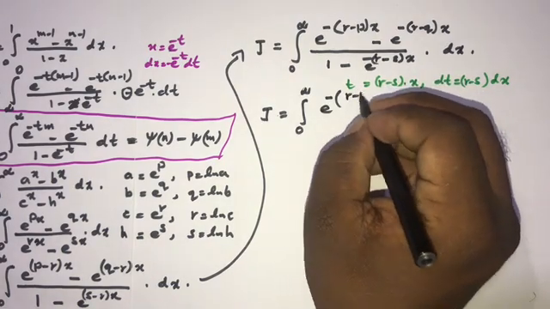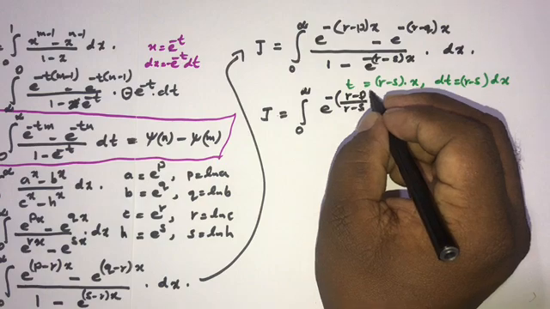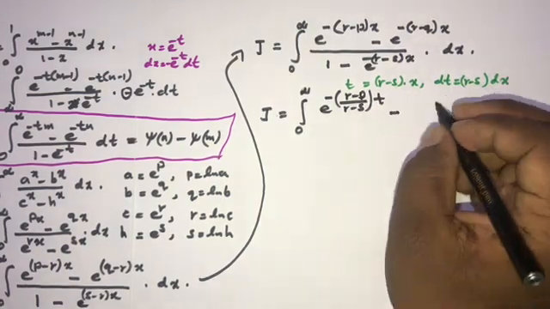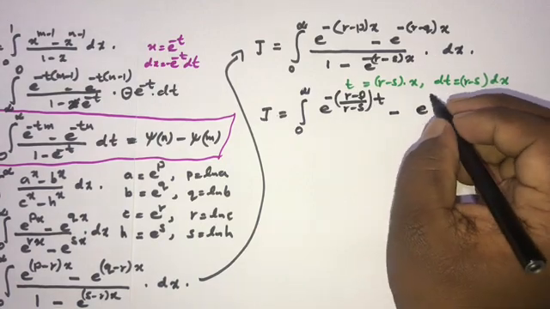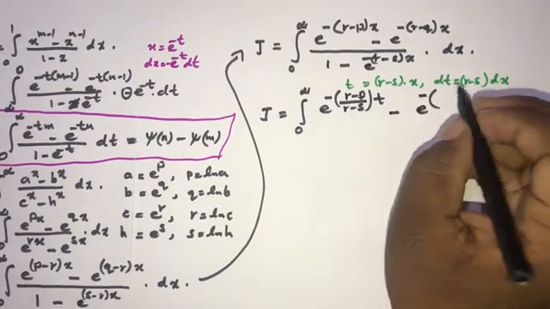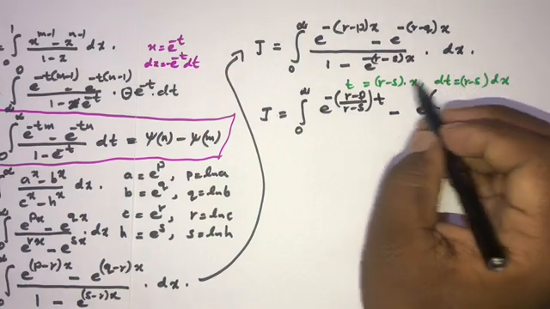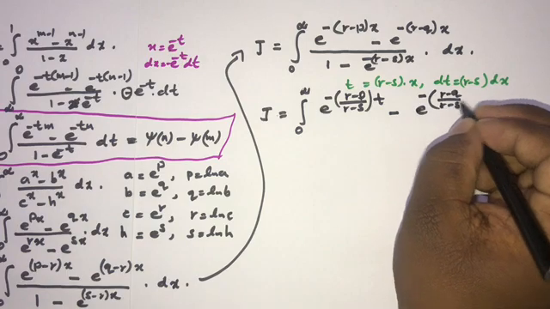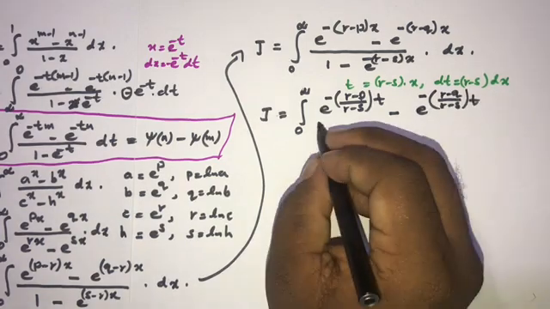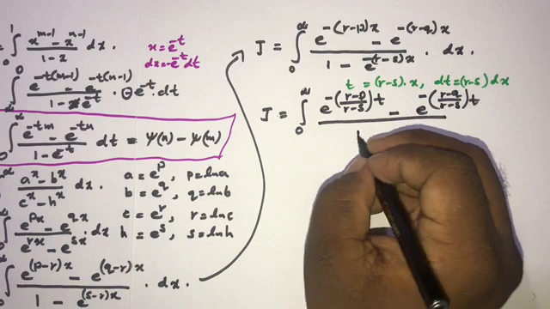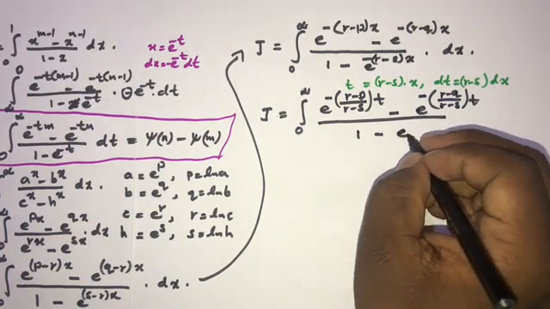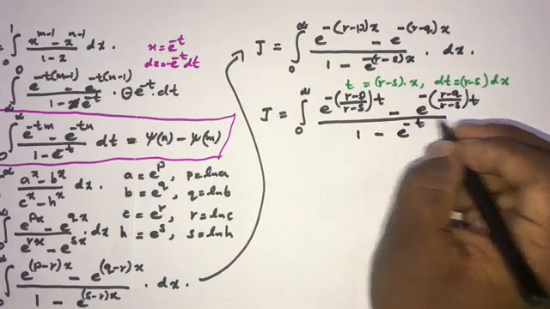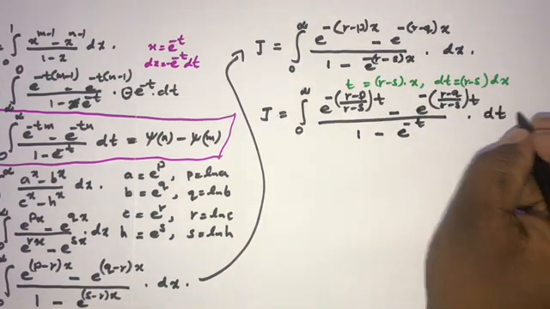So here e to the minus r minus p over r minus s times t, and minus, then here e to the minus, now x is equal to t over r minus s, so r minus q over r minus s times t, over 1 minus e to the, now r minus s times x is equal to t, so e to the minus t dt.